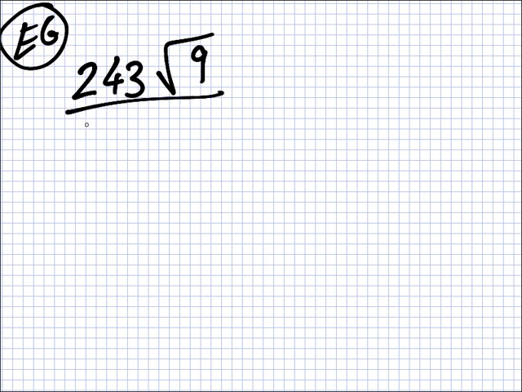Okay. Now, next example. Let's give you something a little bit harder now. So, we'll say 243 square root 9 over 27 fourth root 81. See if you can calculate this for me.